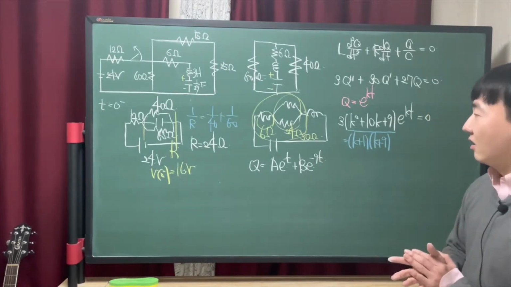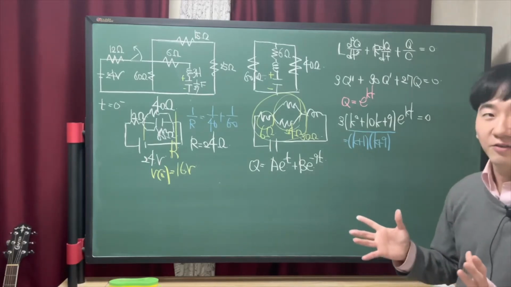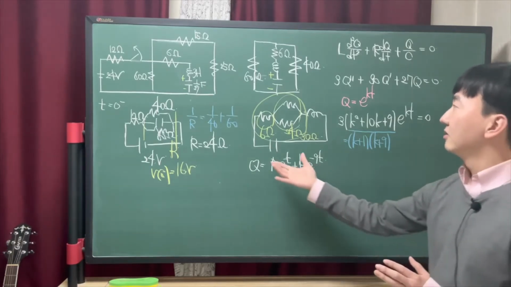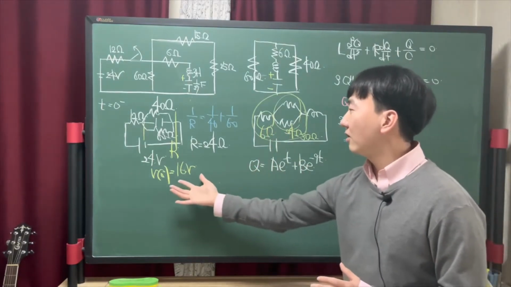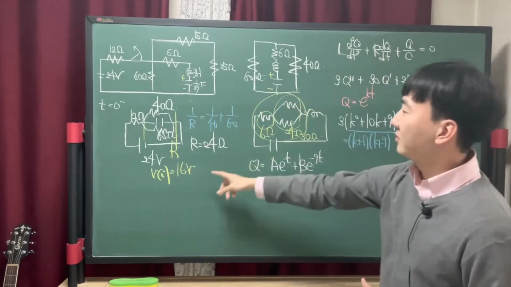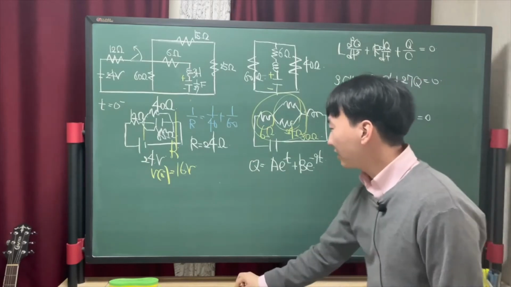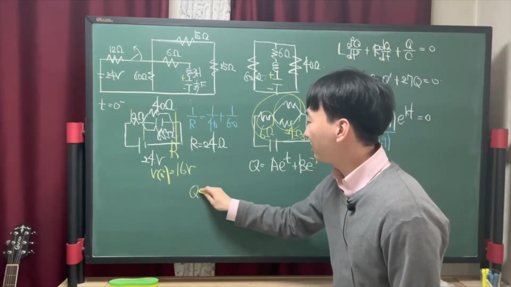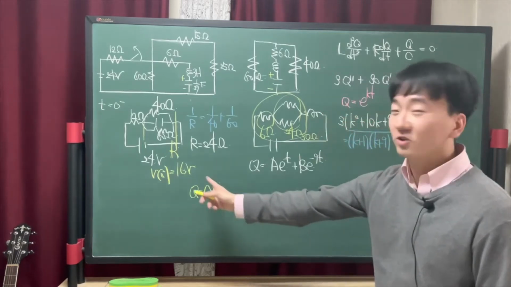Well, now we can think of that initially the charge was, we can get the charge as capacitor times the voltage.